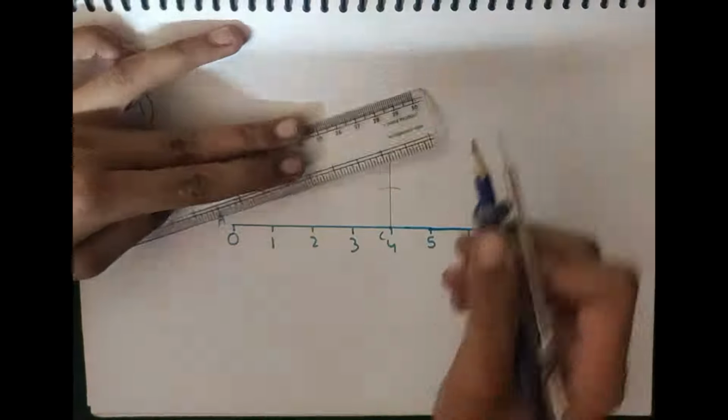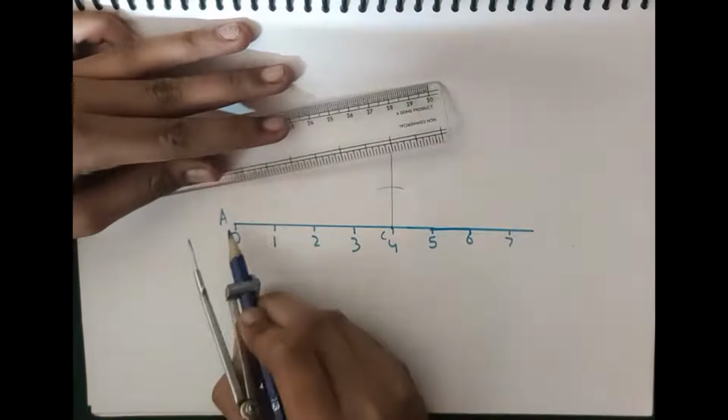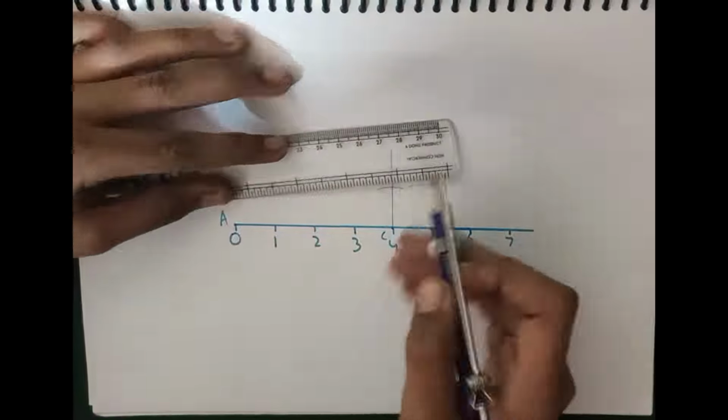And now using a scale you have to join point A to the intersection.